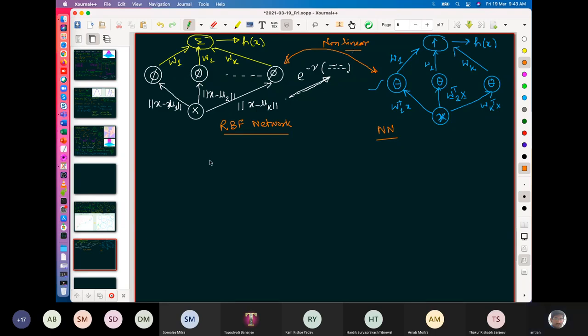Now, you can view this RBF as a two-layer network. You can also view a two-layer neural network like this. You can see that at each layer through back propagation, you update the values of weight at each layer. Here, it's a difficult function, so back propagation might not work in that sense. So what we do is go on iteratively fixing this and then fixing this. So we iteratively update and fix, but all with minimizing the error.